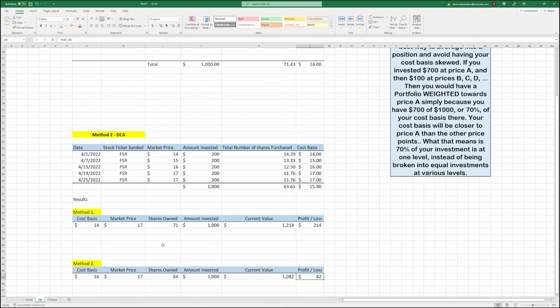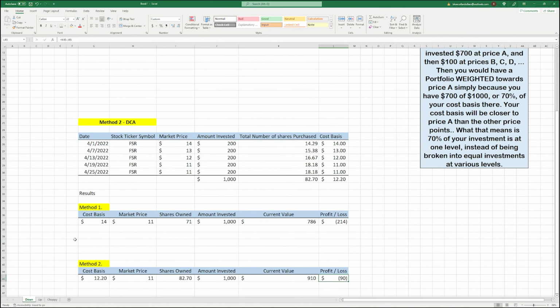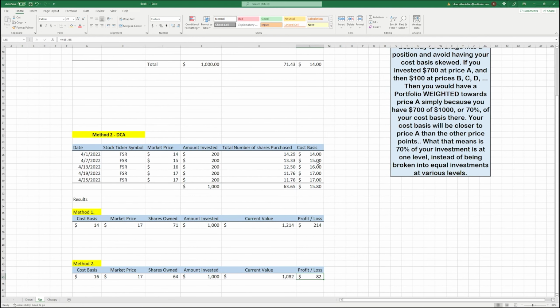The point of dollar cost averaging is that it helps limit your risk and your downside by spreading out your cost basis average among various price points. And that's useful if you don't have time to be looking at stock charts all day or watching movements, or you're not the best at picking entries and exits, or you don't know what's going on with the Federal Reserve, or if you just want to buy into a position and make sure that you have a decent price point, then buy it using dollar cost averaging.